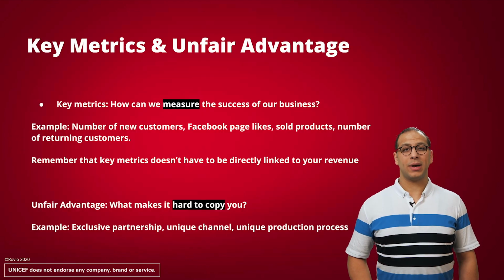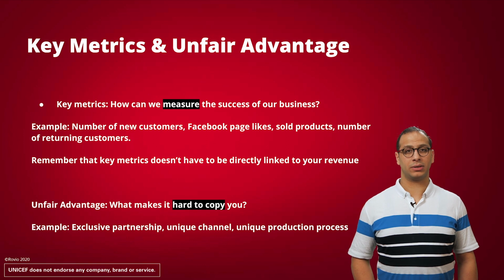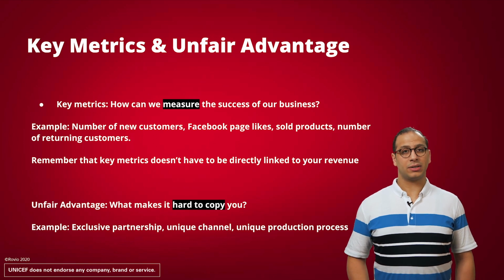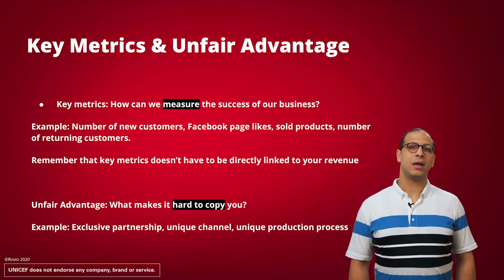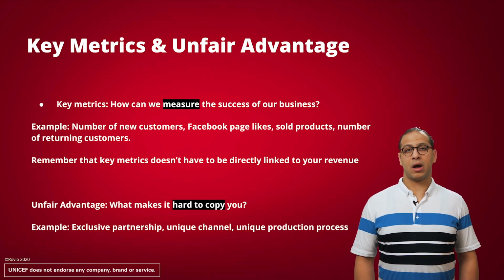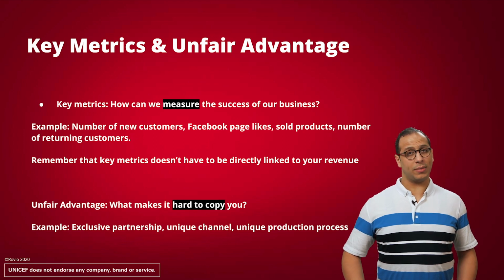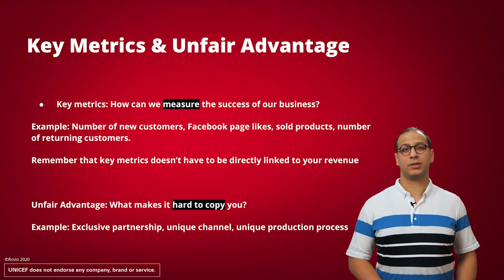Remember though, we mentioned that the model can be used to track your progress. For that, we need to define certain numbers that we need to keep an eye on and keep following to know if we are going as planned. And these are called key metrics. That can be the number of customers that comes to our shop, or how many products we sell, or how many new customers we get, or how many customers come back after they bought the first time.